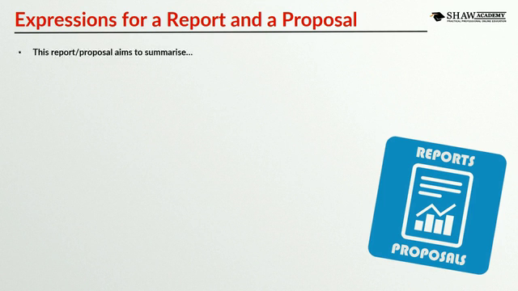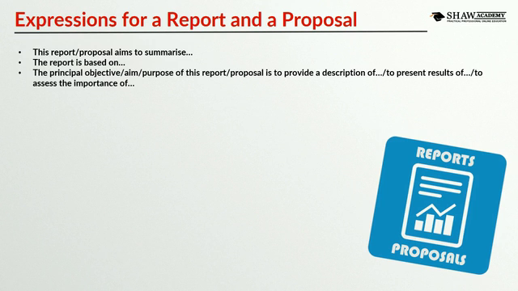So, this report aims to summarize, or this proposal aims to summarize. This report is based on. The principal objective of this report is to provide a description of, or to present results of, or to assess the importance of. So depending on what the principal objective or aim or purpose is, these are nice sentences that you can use.